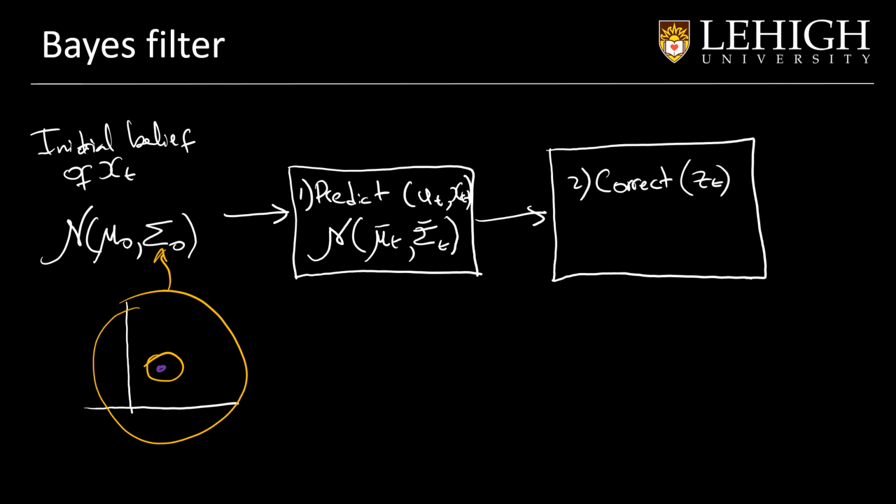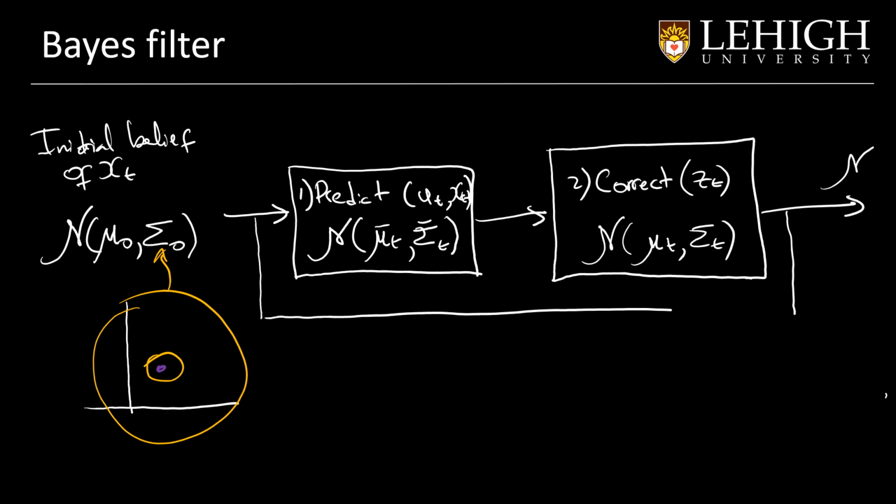The result of this correction will also be a normal distribution with estimated mean and covariance, right? This is the output. The output will be the normal distribution, and if we continue doing this process, we will have a good estimation of the robot.